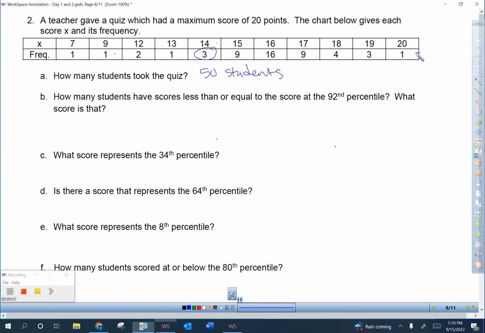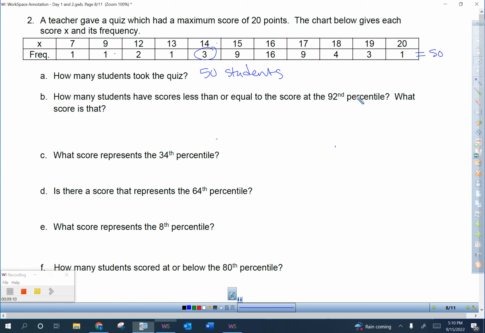Okay, go ahead and put that over here, which means when we do our rankings, now all of these are going to be out of 50 students, and it says how many students have scores less than or equal to the score at the 92nd percentile, and then what score is that?